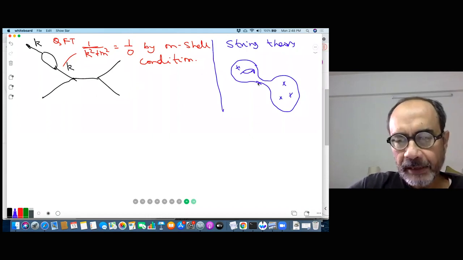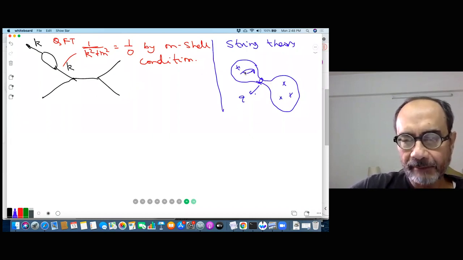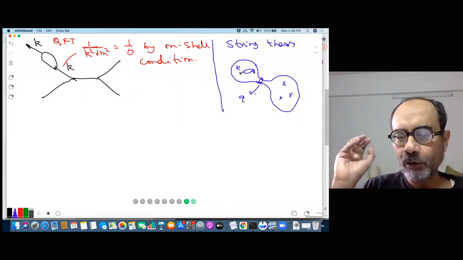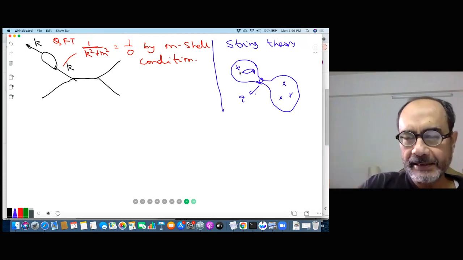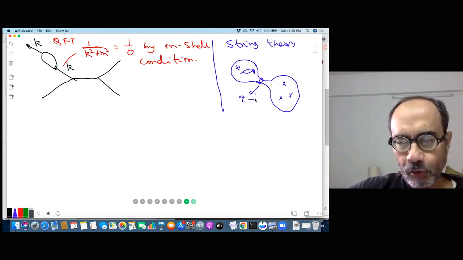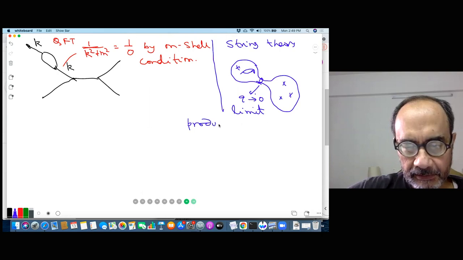What we see here is that when this internal line goes on-shell, suppose this plumbing fixture variable is q, we can be sure that for an amplitude like this, which is a genus 1 4-point function, with only one handle and 4 punctures, in one particular degeneration, which is shown here, by comparing this with this, the q goes to 0 limit produces a divergence that cannot be tamed by analytic continuation.